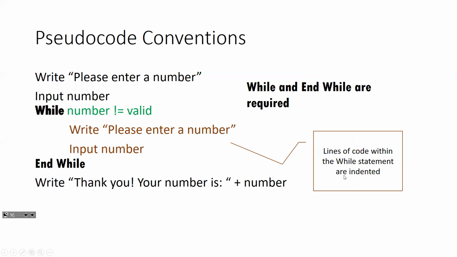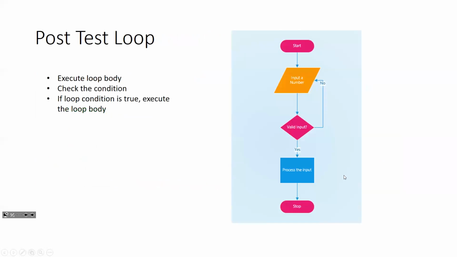Now, another way that someone might do it is they might put like begin loop up here at the top, and then down at the bottom they might say continue loop or something like that to show that that's going on in the pseudocode. So there's no hard and fast rules, just something that gets across the point that those 2 or 3 lines of code are the loop body, and they're dependent on that criteria, that condition. So pseudocode is pretty flexible when we get to looping constructs.